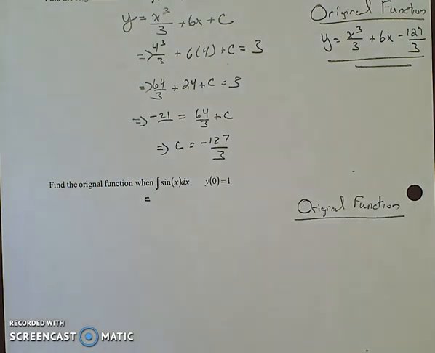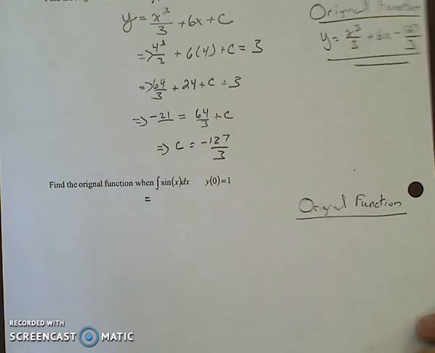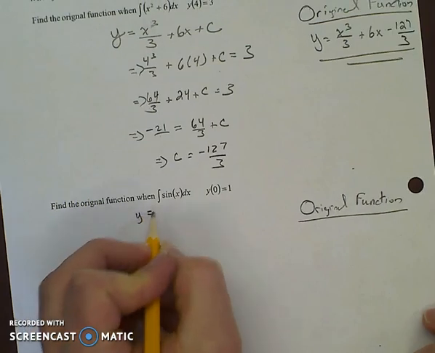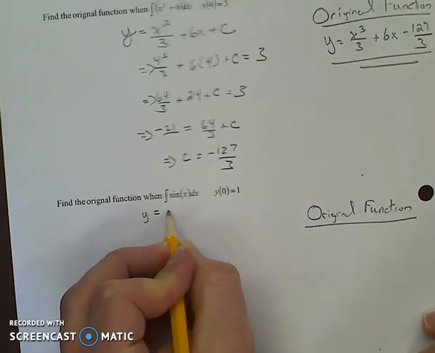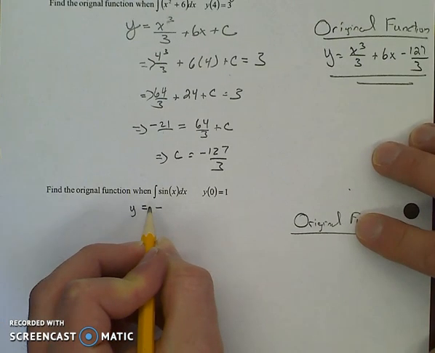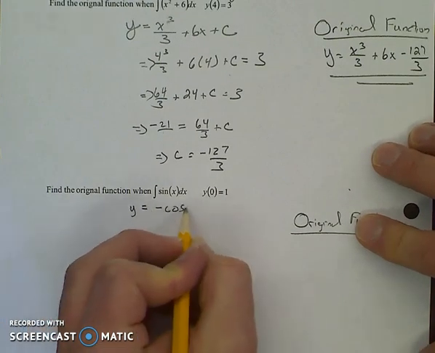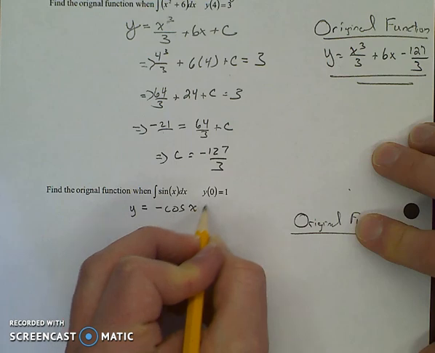So the last one, find the original function when the integral of sine x dx and y of 0 equals 1. So we're going to get y equals, the integral of sine x is negative because we're not looking at the derivative, we're doing the opposite, plus c.